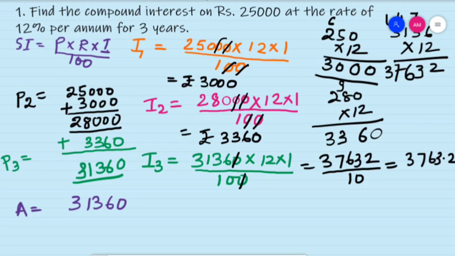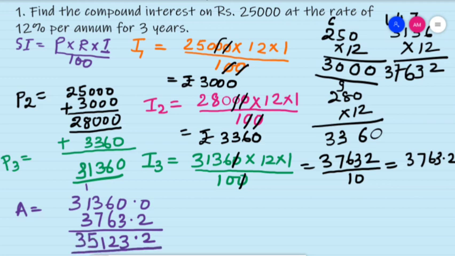He got 3763.2. This was his interest. Now see, 2, 10 minus 0 plus 3. 0 plus 2 is 2, 0 plus 3 is 3, 6 plus 6 is 12, 1, 10 and 1, 11, 1, here 1, carry, 3 and 1, 4 and 1, 5 and 3.